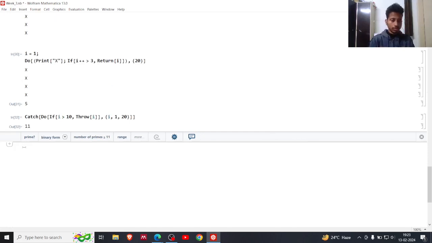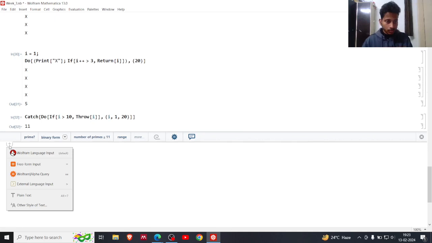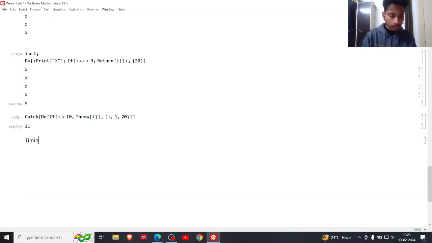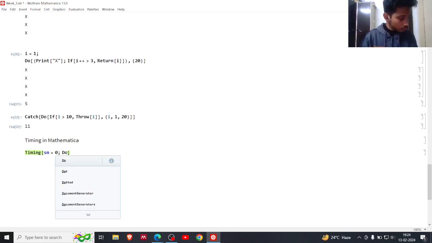Now we can use something like this: Timing, sn equal to 0; do sn equal to sn plus i, comma 100000.